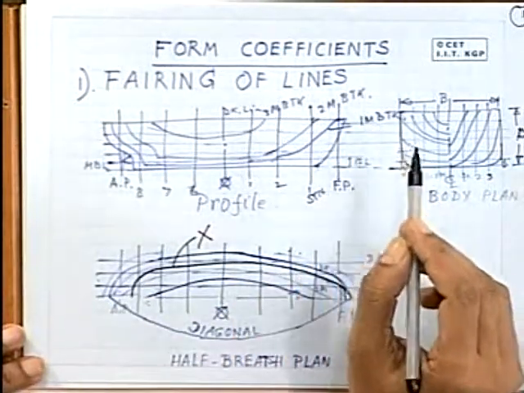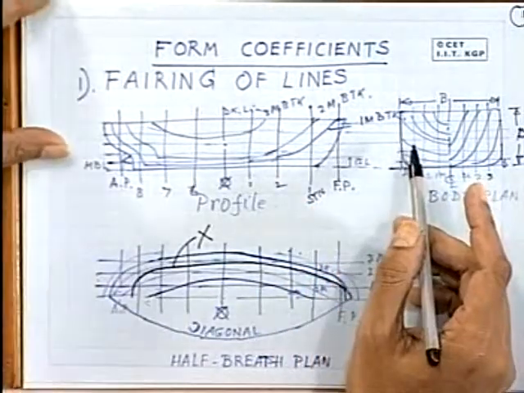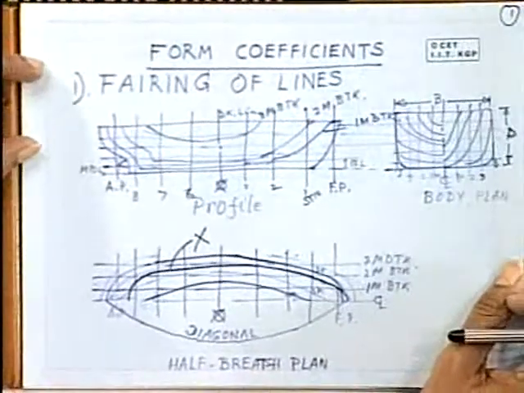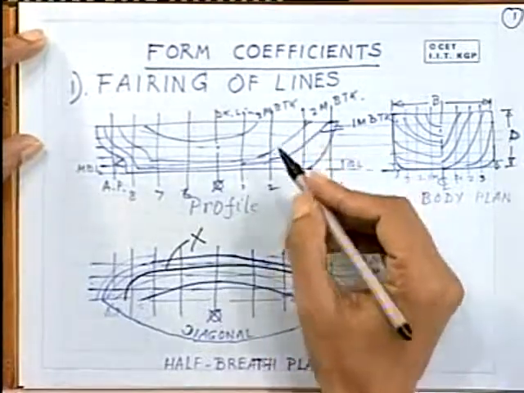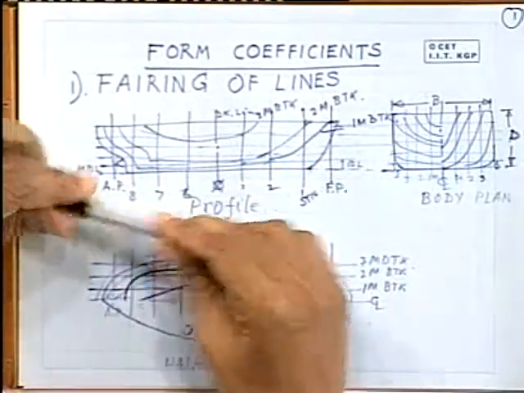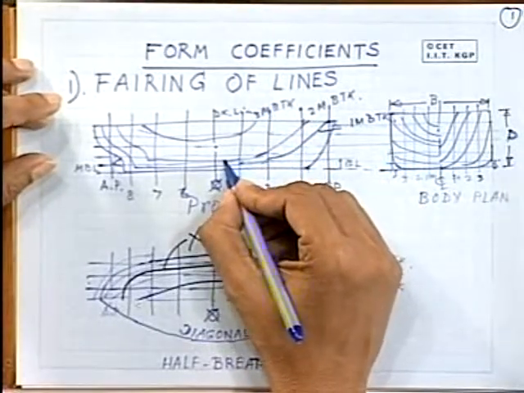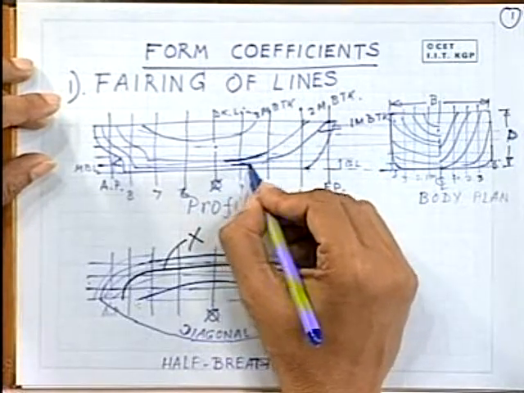So this is the first, the prime, the most important item that one should remember when making the lines plan: the lines of the ship actually make the shape of the ship, and it has to be, in normal parlance, what we call ship shape. All the lines are to have ship shape.